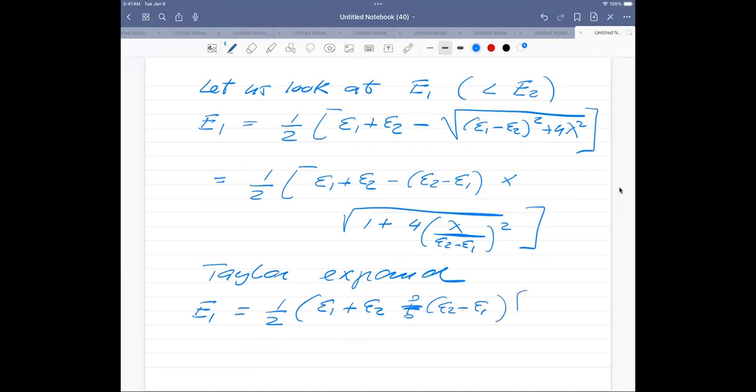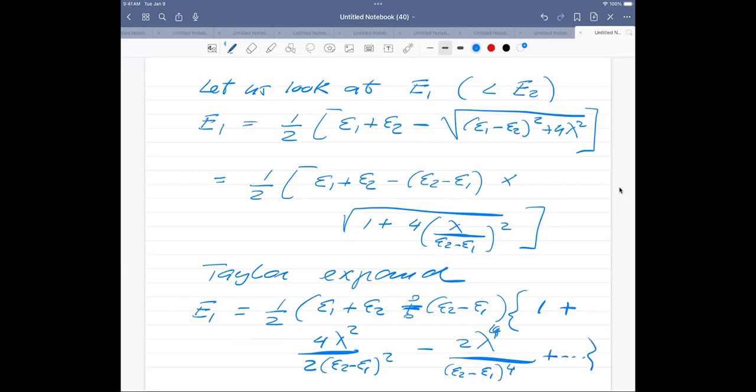And this is now multiplied with 1 plus, and then I'm getting terms which run like 4 times lambda squared divided by 2, and then I have epsilon2 minus epsilon1 squared. And then I have minus. So I'm just setting in the geometric series here to the power of 4, and then I have epsilon2 minus epsilon1 to the power of 4. And this goes up with many, many more terms to infinite order.